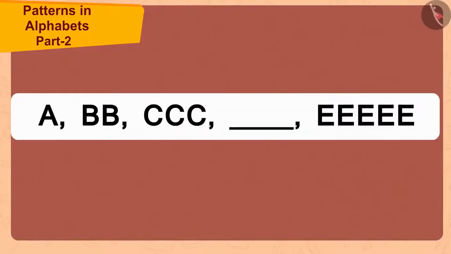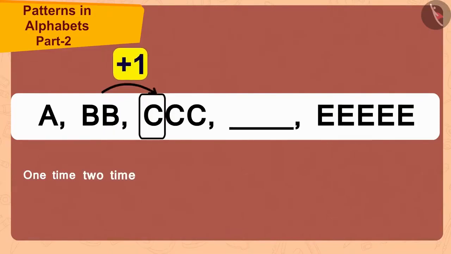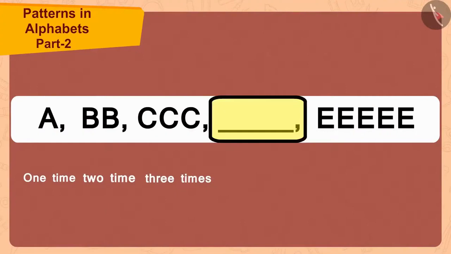For example, the first letter A is written only once, while the second letter B is written twice, and the third letter C, once more than B, has been written 3 times. In this way, how many times will the letter D be repeated in the blank space? Exactly, 4 times.